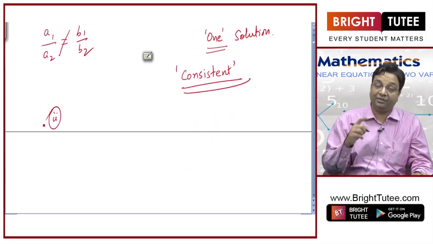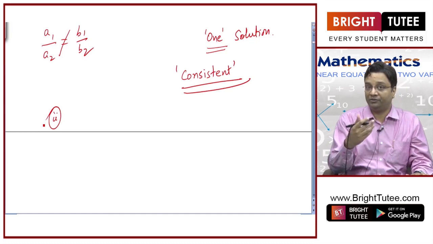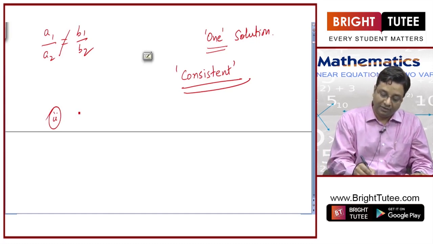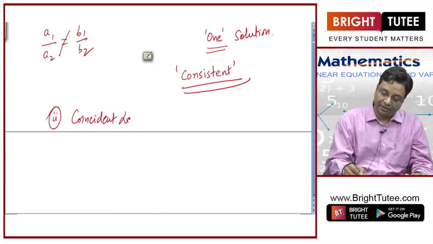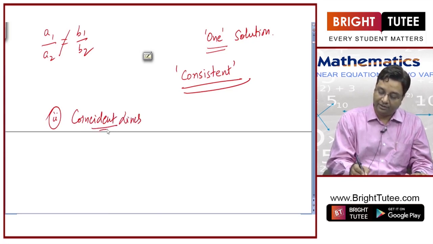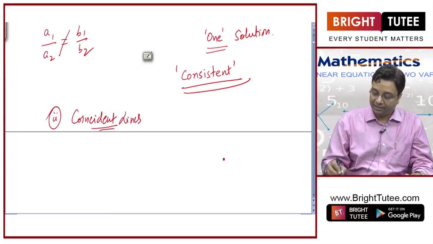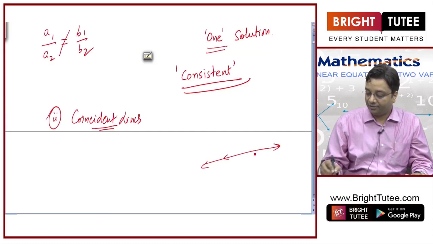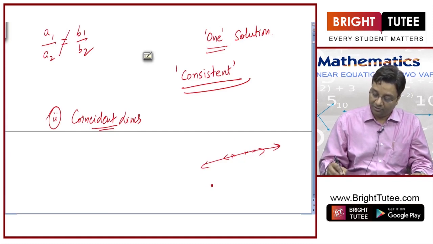In the second case, we had more than one solution. That was the case when we had coincident lines, right. In such case, the graph was like this. We had infinitely many common points, so infinite number of solutions.